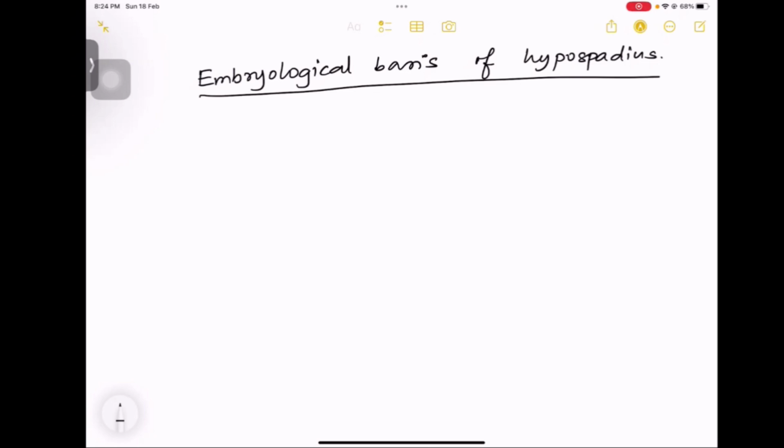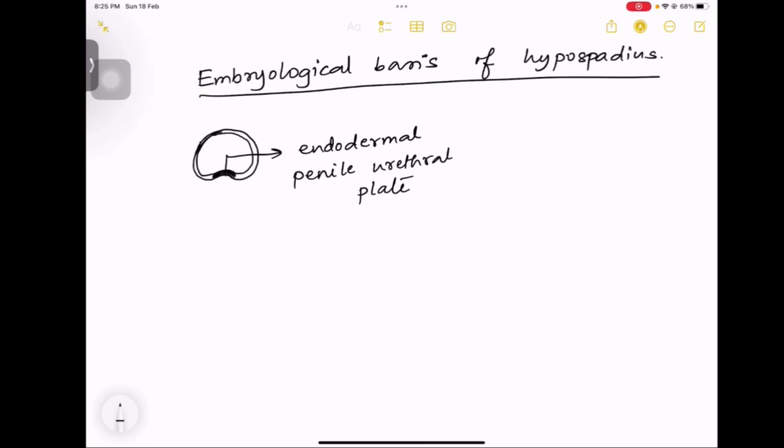Now, why does hypospadias develop? इसका embryological basis है क्या? Let's see this in detail. Now see on the screen, there is an endodermal penile urethral plate. What I'm showing you here is the normal formation of the urethral opening, and then we will see why hypospadias develops. First there is an endodermal penile urethral plate.